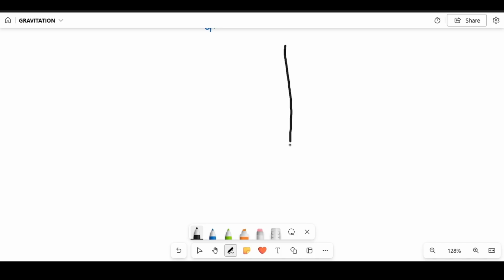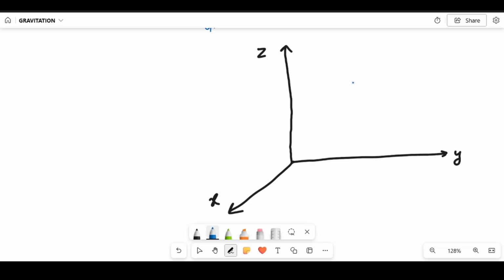Here we have, let's say, z-axis, and then we have here y-axis, and we have here x-axis. And let's say we have a mass here, the first one having mass m1, and the position vector for this is, let's say, r1. And we have another body here with position vector r2, and the mass of this body is m2.